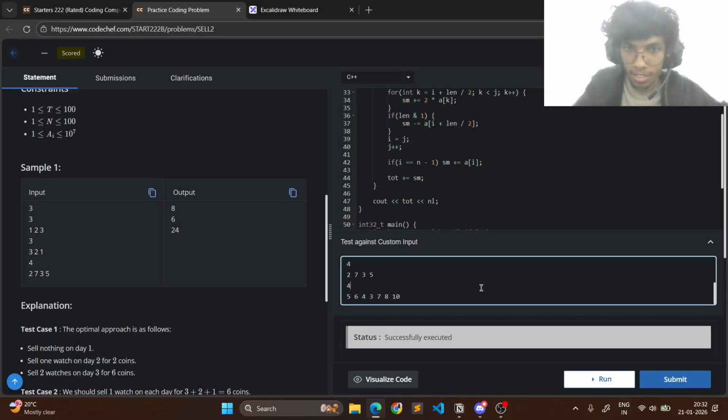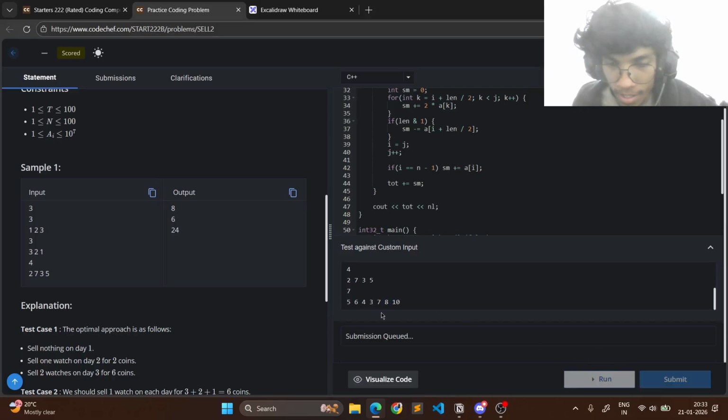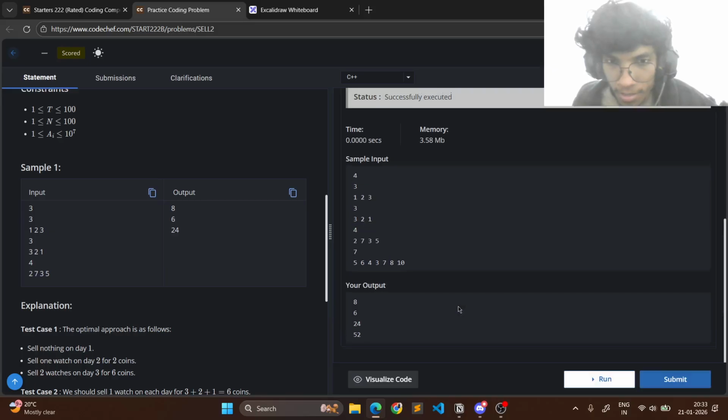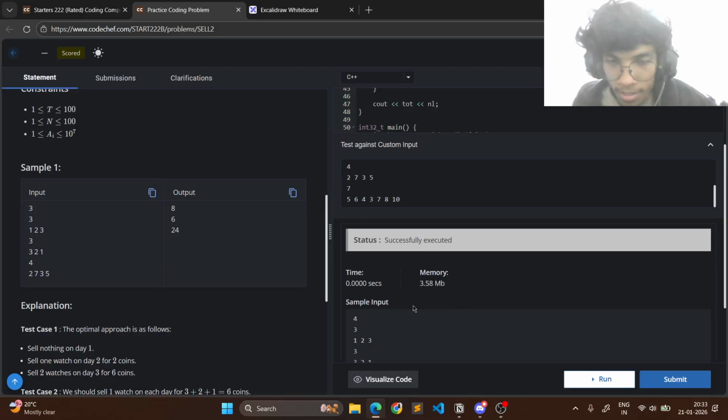So 1, 2, 3, 6, 7. This was originally 19 till here. 12 and 16 and 19, and this is 30. So this is 30 and 49. It's 49. Yeah, this is wrong, I guess.